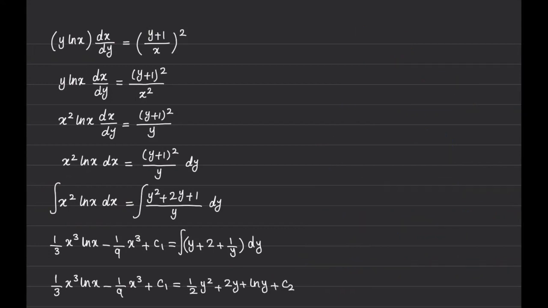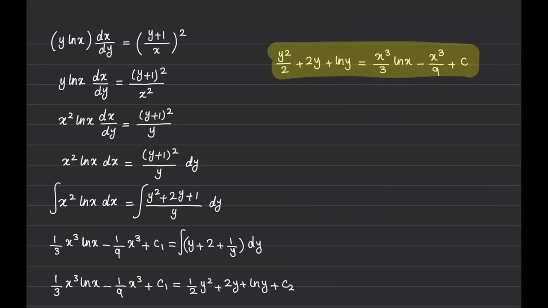Now we can combine c1 with c2 into c, which is the implicit solution to the given differential equation.